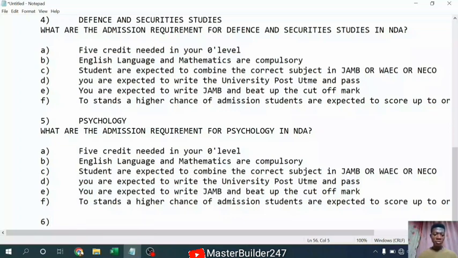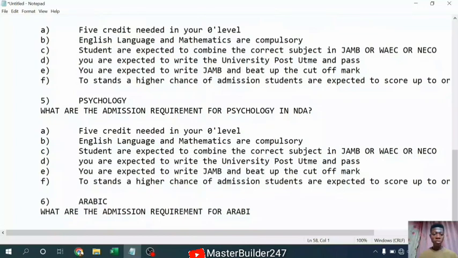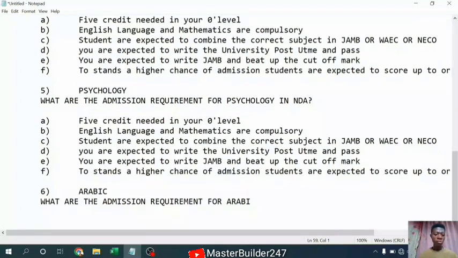And also the next art course in Nigeria Defense Academy, the sixth one, is Arabic. Okay, Arabic. So what are the admission requirements for this course, Arabic? Okay, the same thing, almost the same thing.